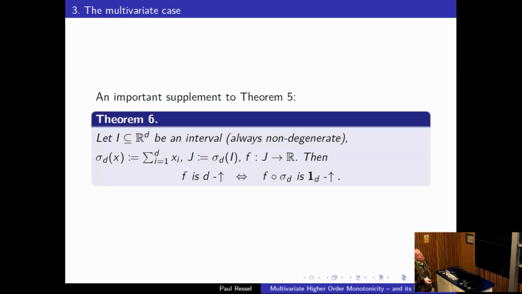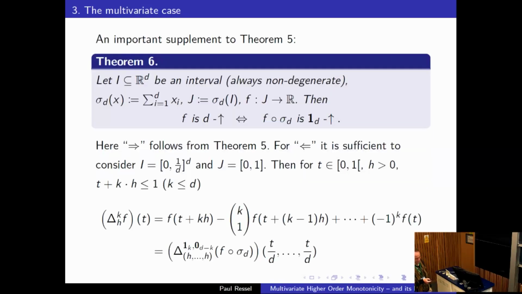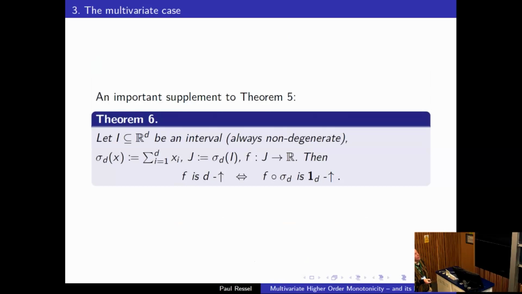Well, now again, the sum functions will appear. An important supplement to theorem 5 by Morillas is the following: let I be a non-degenerate interval, sigma the sum function, J the image of all possible sums, and f a real valued function.